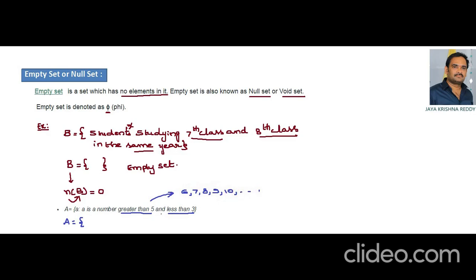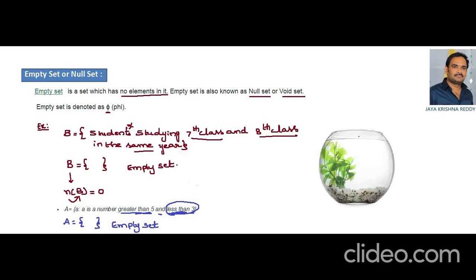But at the same time it should be less than 3. Are these numbers 6, 7, 8, 9 less than 3? No, it is not possible. We cannot choose a number which is greater than 5 and at the same time less than 3. So there is no element in set A satisfying the given two conditions. So set A is also an empty set.